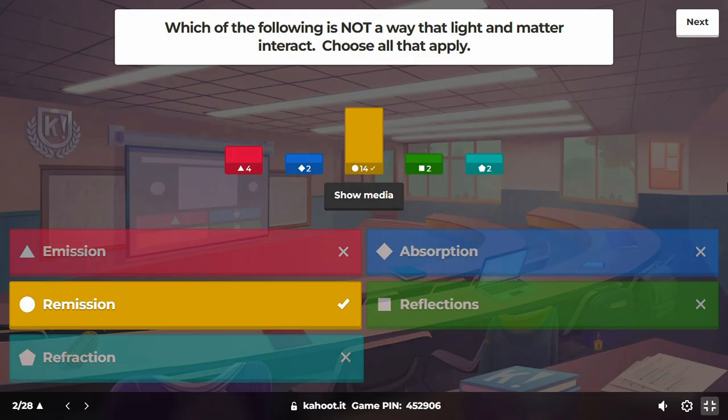Yeah, so emission is matter producing a photon, absorption is matter taking in a photon, reflection is photons bouncing off of matter, and then refraction is a less clean bouncing of light off of matter. So remission is the one that is not dealing with light and matter.